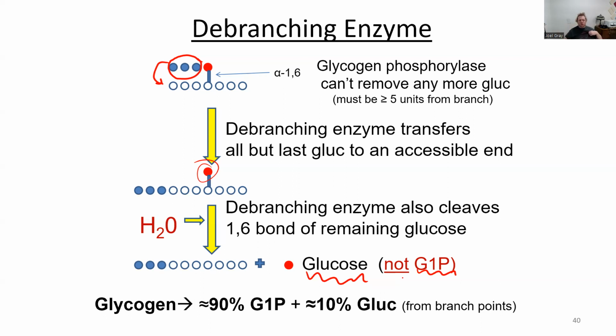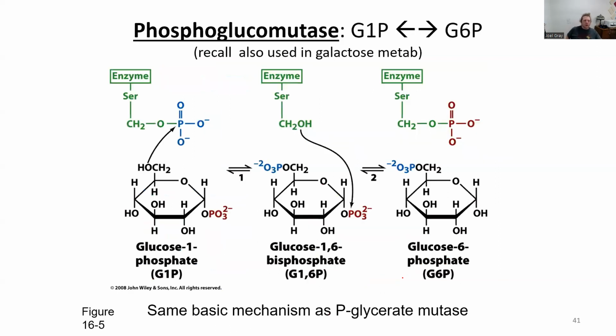Another way to look at that is 90% of the molecule is going to be subject to glycogen phosphorylase, whereas 10% of it is going to be dealt with by the debranching enzyme. Okay, now let's deal with our last component here, that glucose 1-phosphate.